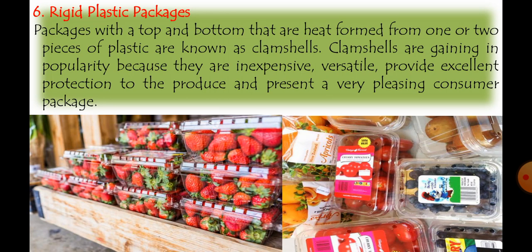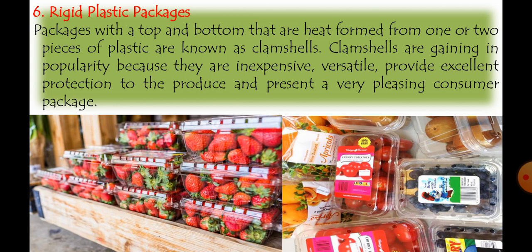Then next one is rigid plastic packages. Most of the time you see rigid plastic packages for strawberries, with a top and bottom that are heat formed from one or two pieces of plastic, known as a clamshell.